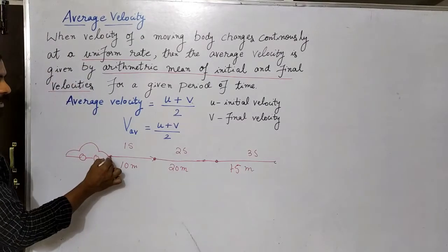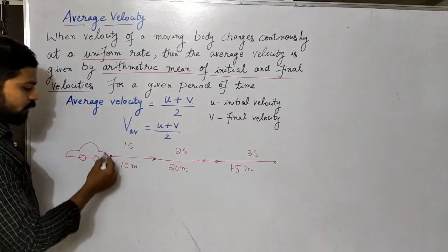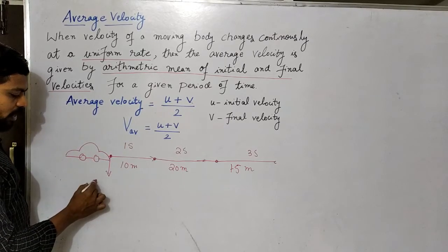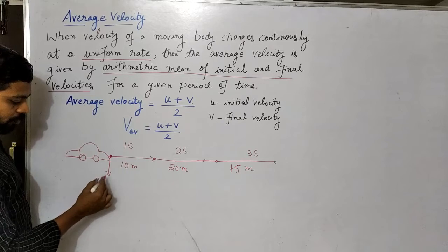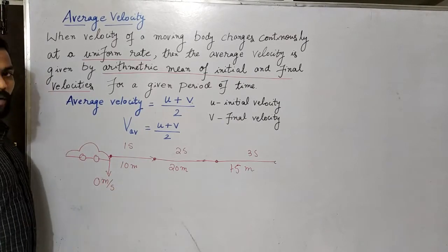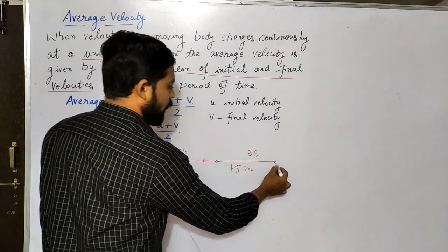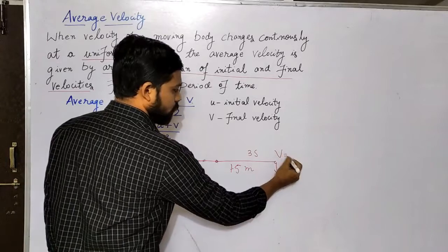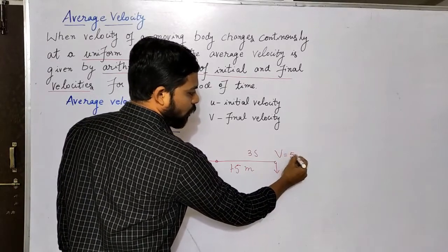Let us say this car is starting with a velocity of 0 meter per second. This becomes the initial velocity. And let us say it ended up with some final velocity, that is 50 meter per second.